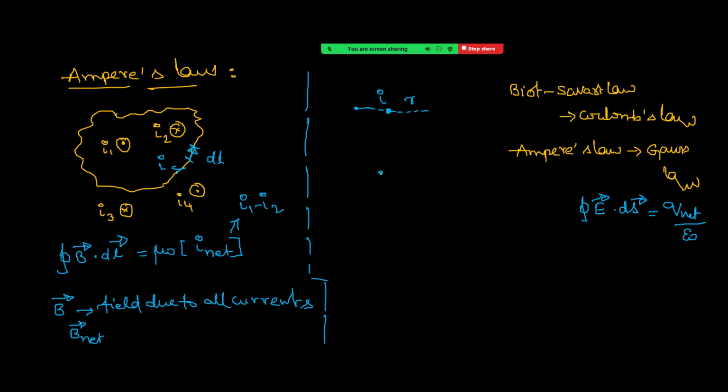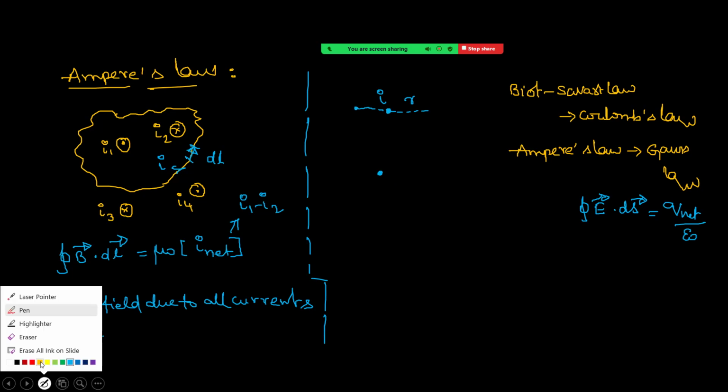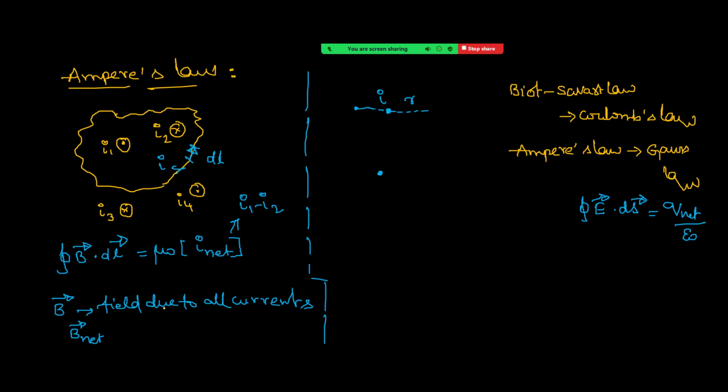So here I am imagining one circle, because for the same distance the modulus of B bar will be the same. The shape of the loop is a circle. This current carrying long thin wire is passing through the center of the circle. That means at each and every point on the circle, the modulus of B bar is the same.